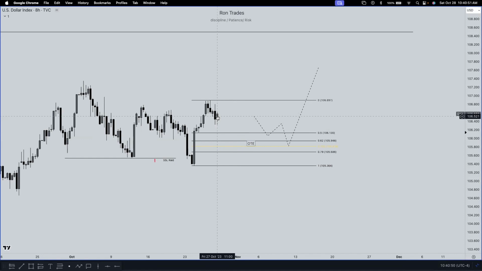So I'm seeing a lot of manipulation. So like I said, I want to see price push down to start this week to get everyone short. And I want to see a correction here. I want to see manipulation. So I really want to see like a power 3 accumulation, manipulation, and distribution type of move.